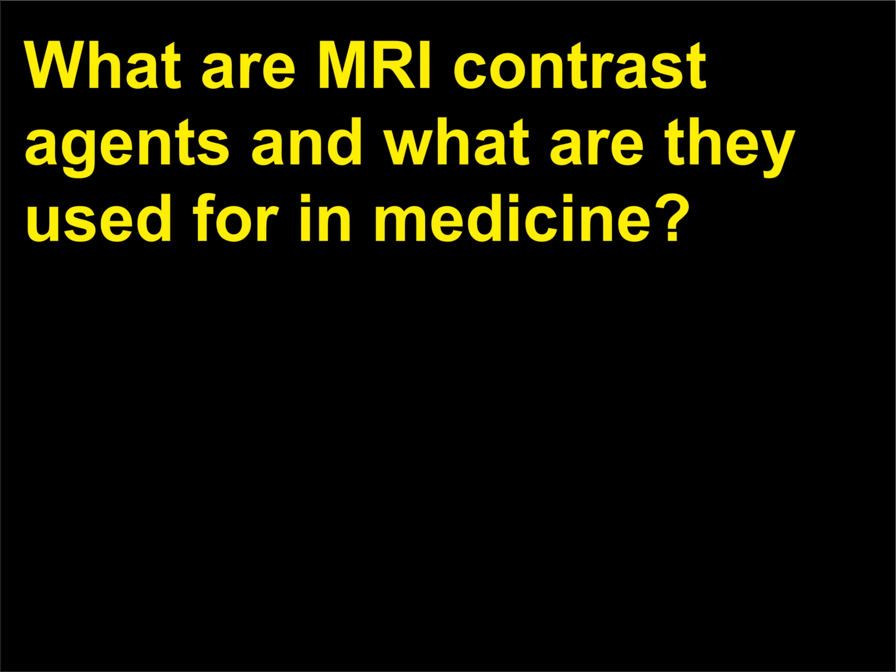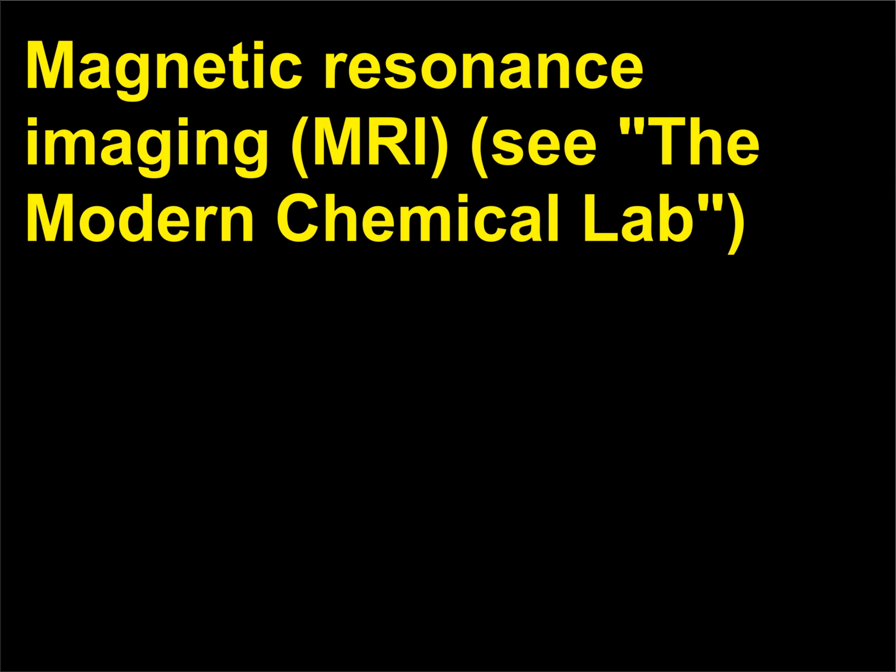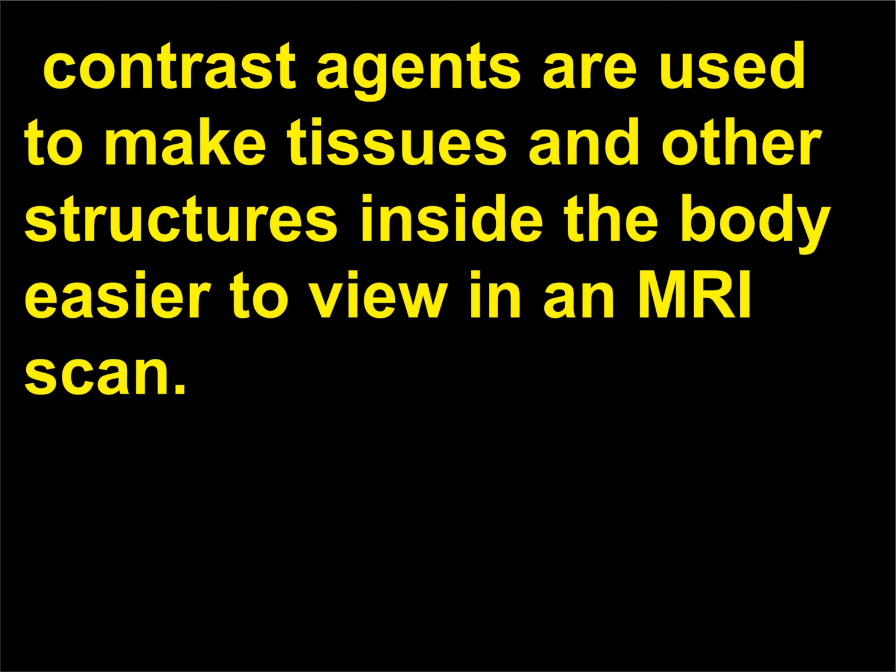What are MRI contrast agents and what are they used for in medicine? Magnetic resonance imaging, MRI, see the modern chemical lab. Contrast agents are used to make tissues and other structures inside the body easier to view in an MRI scan.